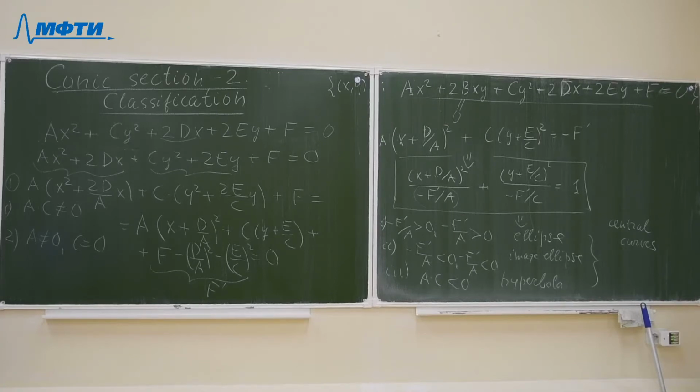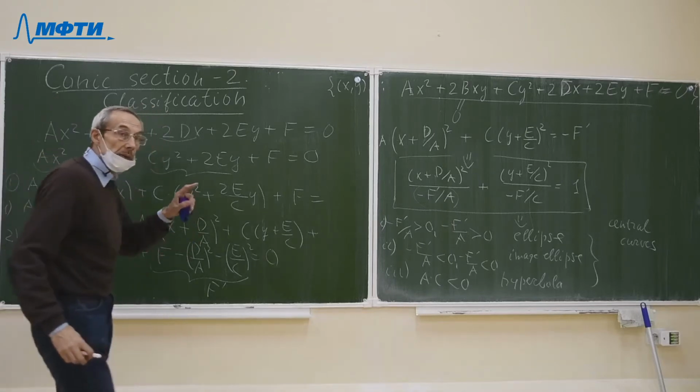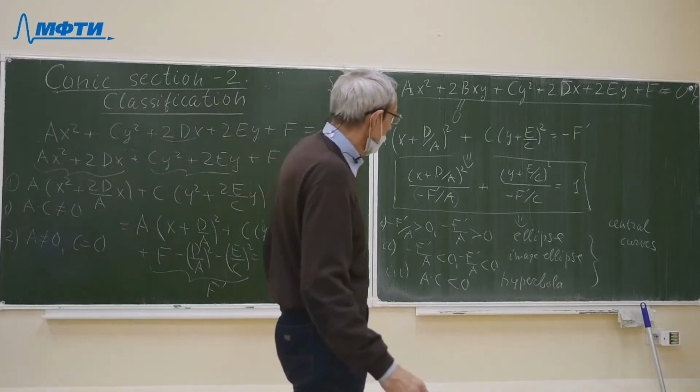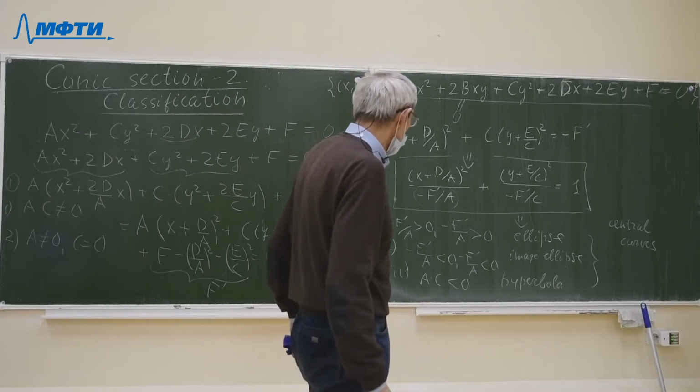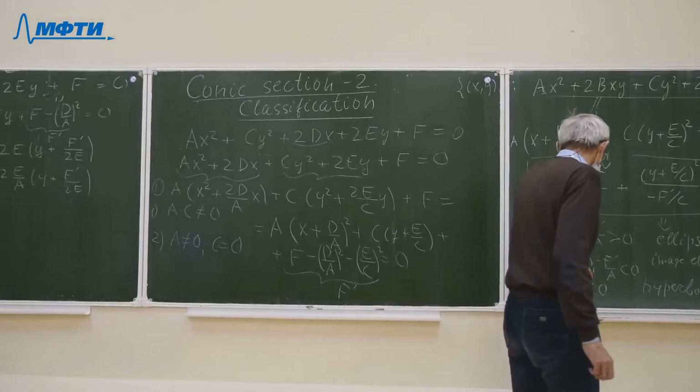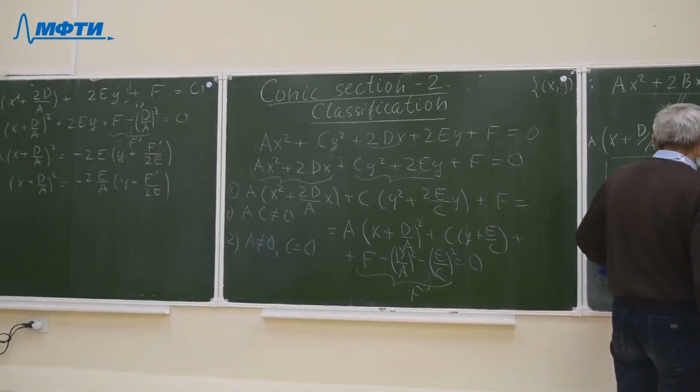I'm sorry, Professor. Is there anyone? Yes. Minus f prime over a greater than 0, minus f prime over c greater than 0. Because you have minus f prime over a twice.